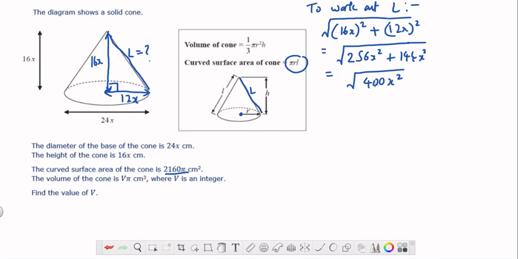Now, square root of 400 is 20. And square root of x squared is just the inverse operation, which leaves you with x. So the value of L we just worked out as 20x. Right, we can now apply our formula, pi RL. So this is curved surface area we're talking about. Pi RL, which is given as this value over here.